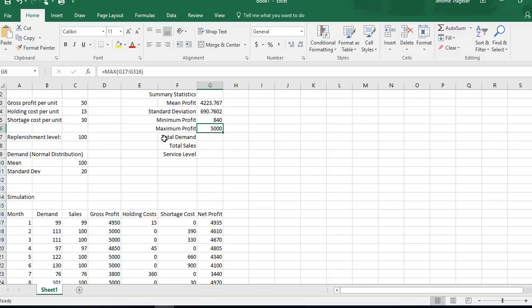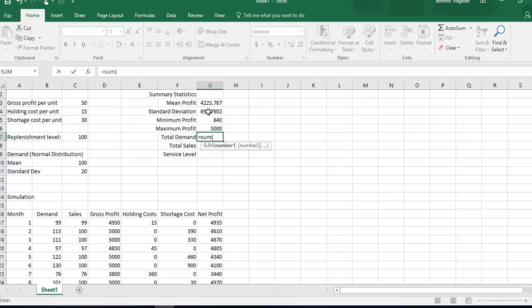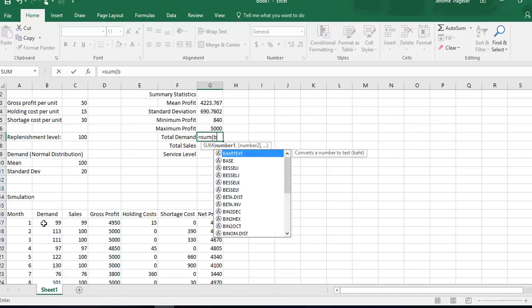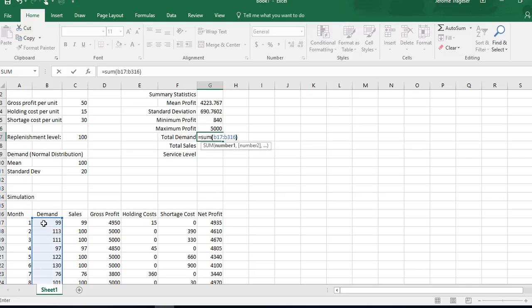Now we need to calculate our total demand and our total sell in order to find our service level. Our service level is how well are we meeting our service demand. We want to get a high service level. Okay? So total demand equals the sum of our demand. So look at the demand column now. We're going to move over to column B. So now we're from B17 to B316.